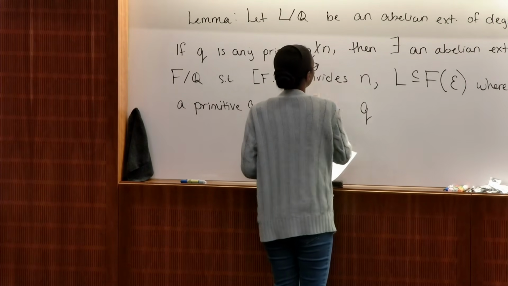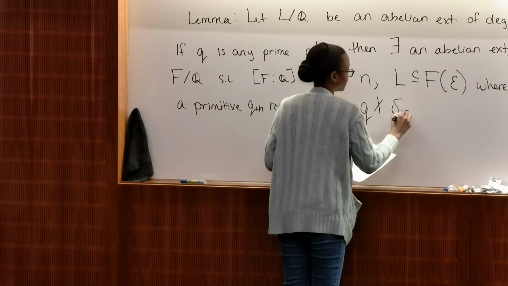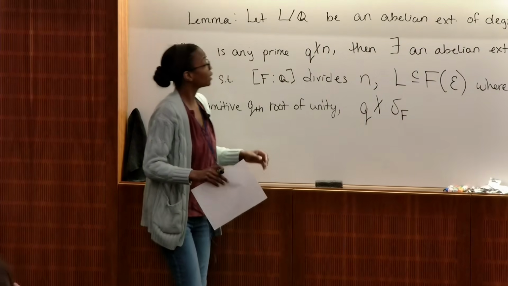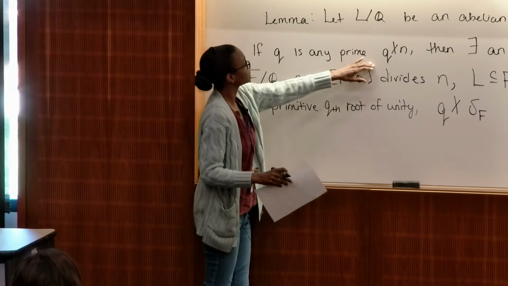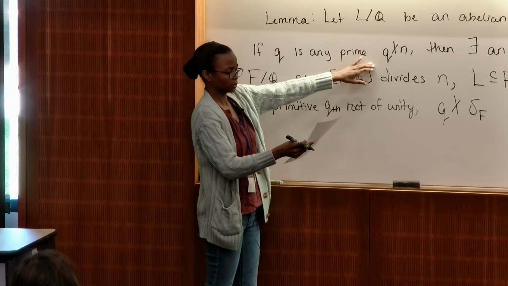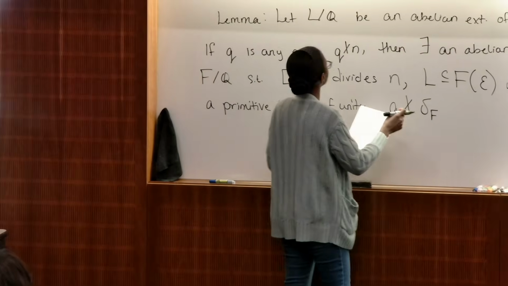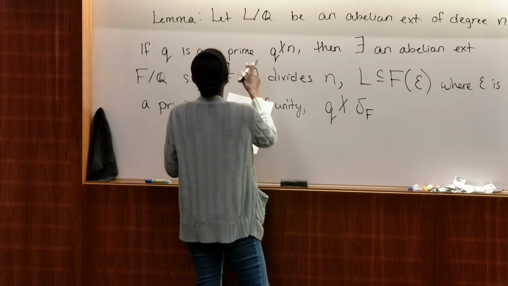This prime Q that doesn't divide n, it also doesn't divide the discriminant of F. Right, so our assumption is that Q, oh no. Sorry, I am missing an important thing.